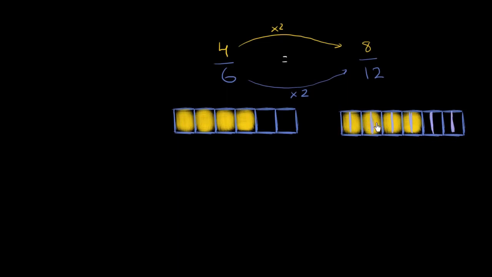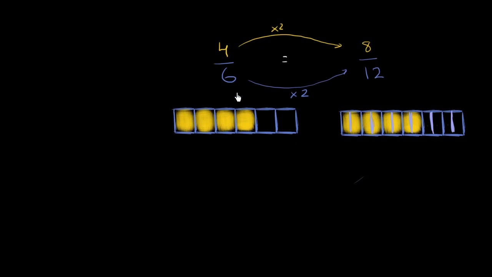Literally 1, 2, 3, 4, 5, 6, 7, 8, 9, 10, 11, 12. How many of them are actually shaded in yellow? Well, it's 1, 2, 3, 4, 5, 6, 7, 8. 8/12. And there's no magic here. If we have twice as many sections, we're going to have to shade in twice as many of them in order to have the same fraction of the whole.